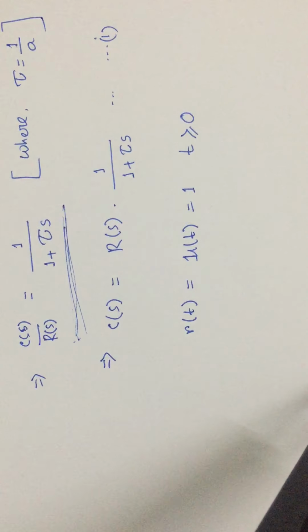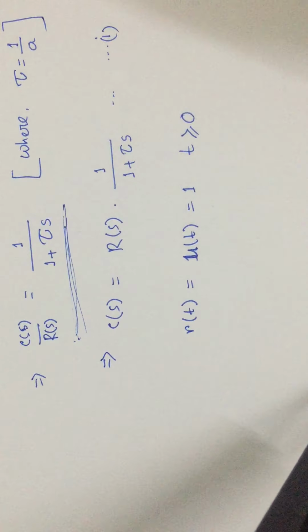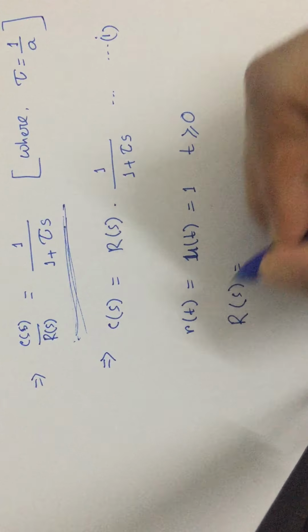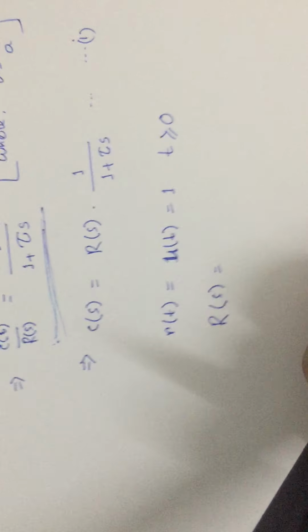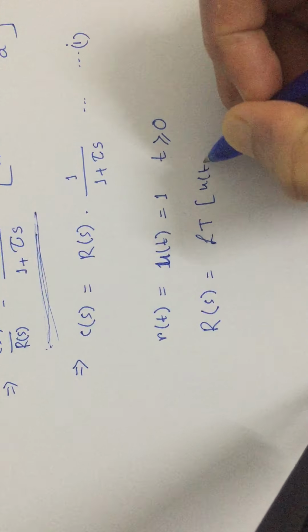The last time, I think we also learned in our SPM that u of t for unit step equals 1. So if we take the R of s domain, it will be the Laplace transform of u of t.